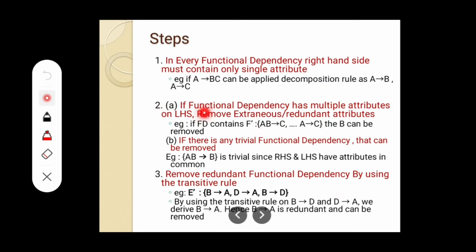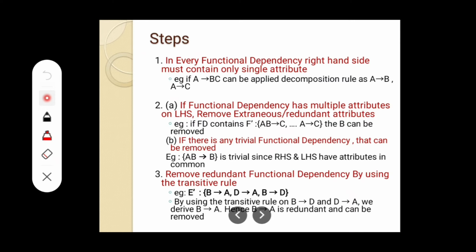Step 2a. If a functional dependency has multiple attributes on the LHS, remove those extraneous or redundant attributes. How to remove them, we will explain. Second part: if there is any trivial functional dependency, that can be removed. What do you mean by trivial functional dependency?